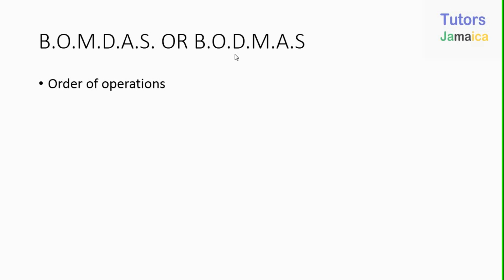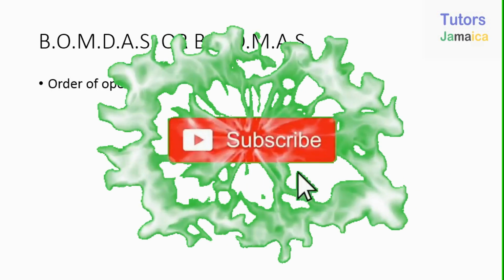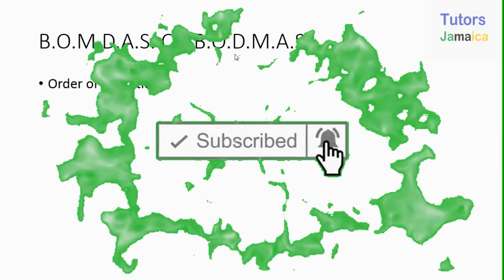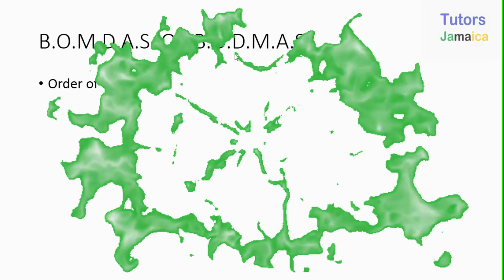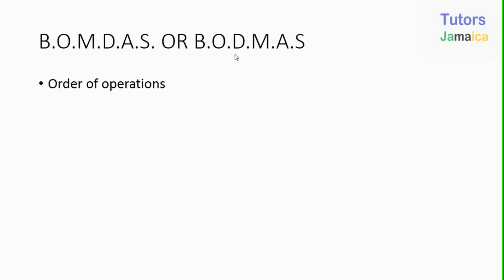Another important thing to note in doing algebra, or basically maths, is what is called BOMDAS or BODMAS. So when we talk about BOMDAS or BODMAS, we're talking about the order of operations. BOMDAS or BODMAS tells us the order in which we must carry out mathematical operations. It is important in doing any form of mathematical operation to come up with the correct answer.